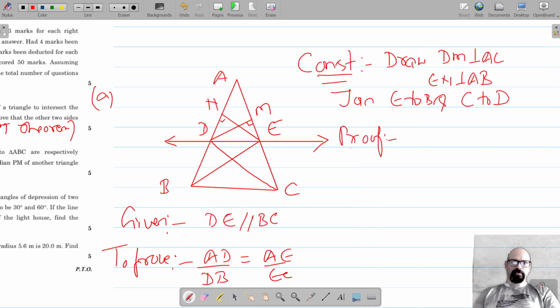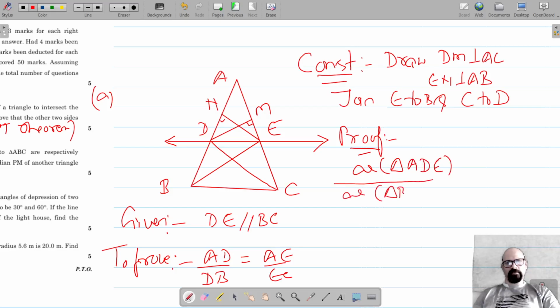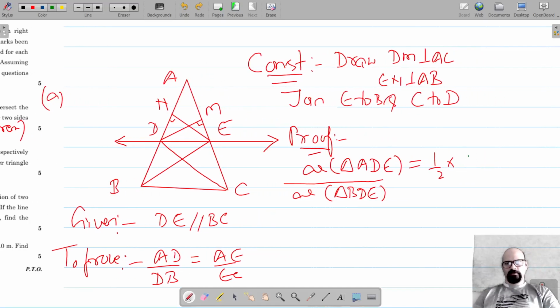In the proof, I'm going to take the ratio of the area of triangle ADE by the area of triangle BDE. Now for the area of triangle ADE, let me take the base as AD. So this is the base, and this is the height I'm going to take. So base is AD and height is EN.